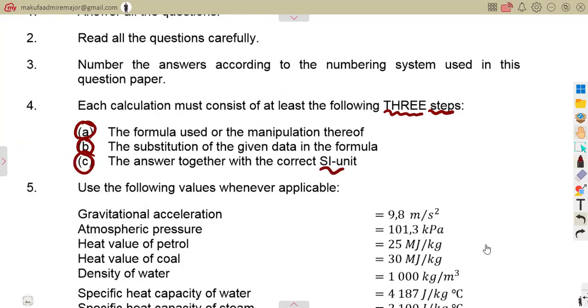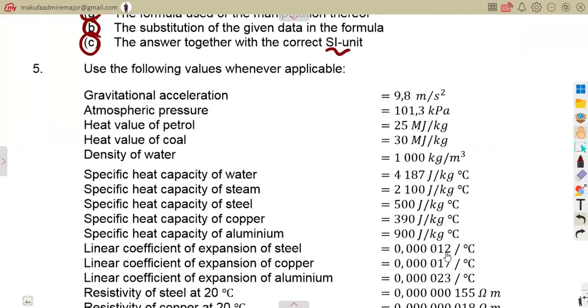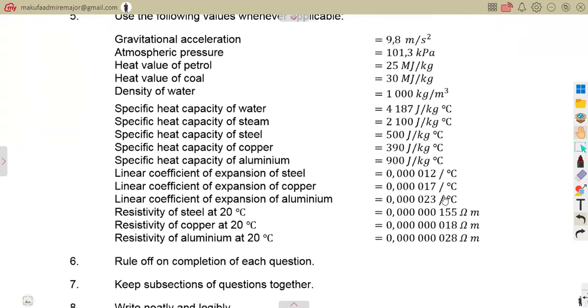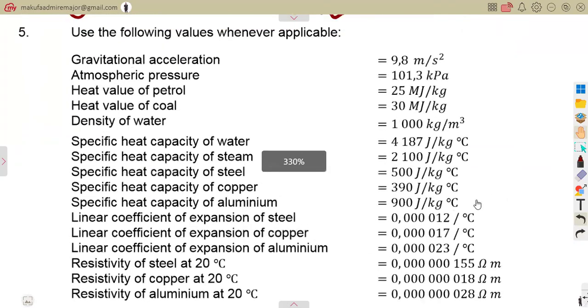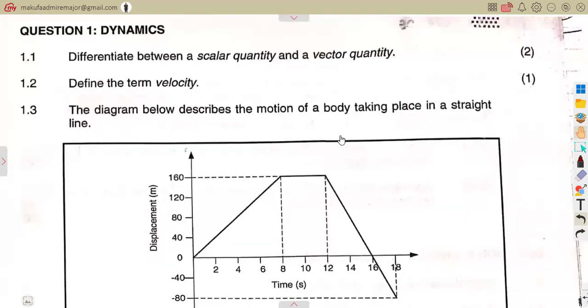Also remember the values you're going to use in the simplification. If there's a question which needs us to use these basic values that you are given, then we have to apply that part.